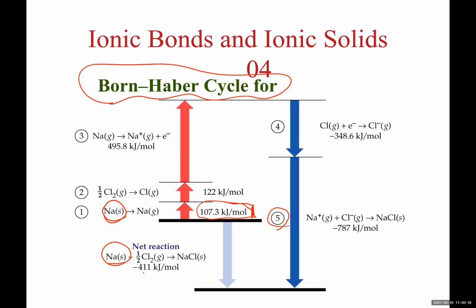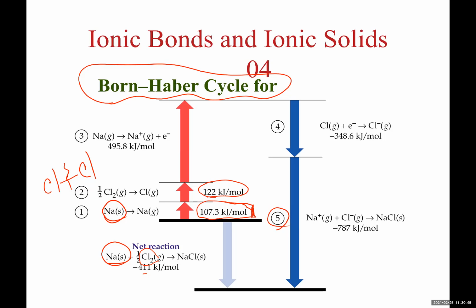I'm reacting this with Cl2. I'm going to calculate the amount of energy to break down the bond between chlorine and chlorine. That's called the energy of dissociation of the chlorine-chlorine bond. How much energy is needed to break this bond?